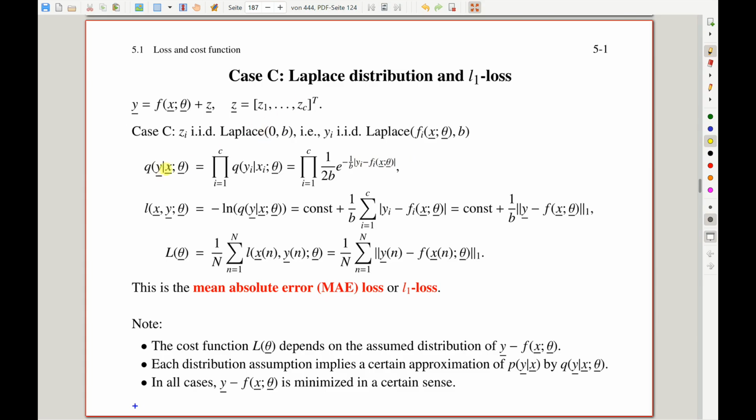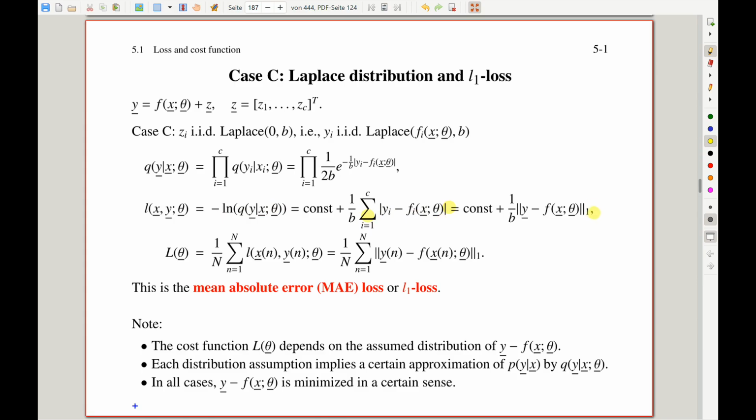Since all the elements are independent, the joint distribution for the vector y can be written as a product of the marginal distribution for the individual y, and the product can be reformulated to a sum. Now I can once again calculate the negative likelihood ratio or loss. And after some calculation, you see we have the sum of the magnitude of all the elements.